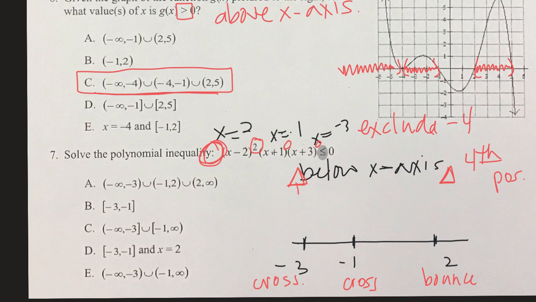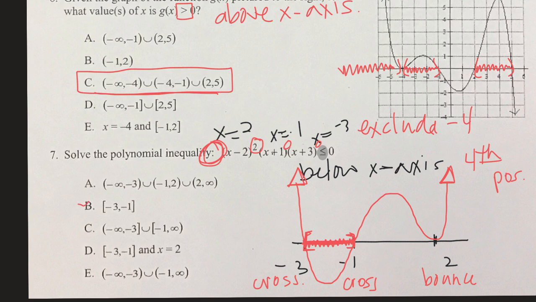Okay, so we can sketch the graph going down through -3, coming back up through -1, and then going down to bounce at +2. Okay, so now we've made our own graph from what we know about polynomial end behavior. So in between -3 and -1, and I'm using brackets because it says or equal to. So it's equal to 0 at -3 and it's equal to 0 at -1. So we have brackets around both of those things.